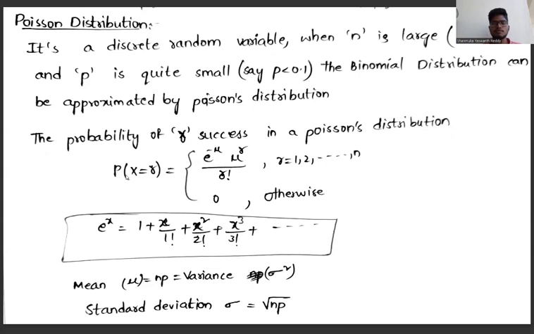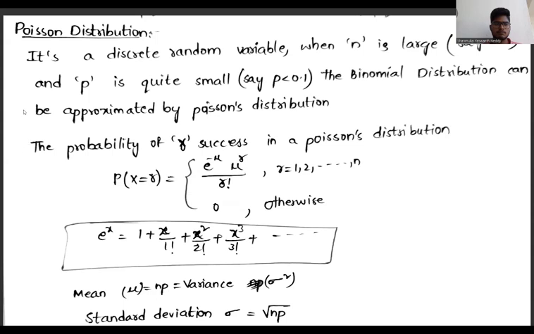Here, R is the number of successes out of n, and this is the formula for calculating the probability in Poisson distribution, with e power minus m.